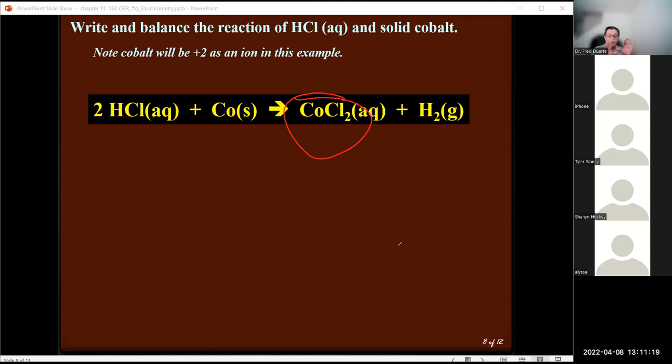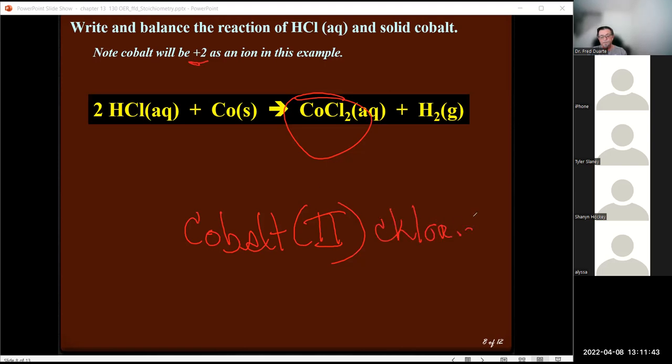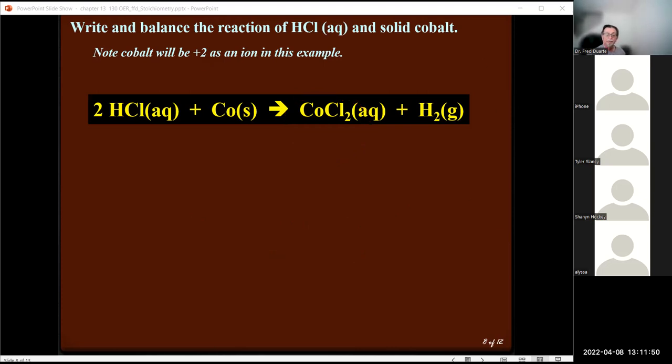Because again, it's not part of the group that has a fixed charge, and therefore we have to write down the specific oxidation state, which is +2, because we were told that right there, okay? Chloride. Okay, good. All right, so now we've got the balanced chemical equation.